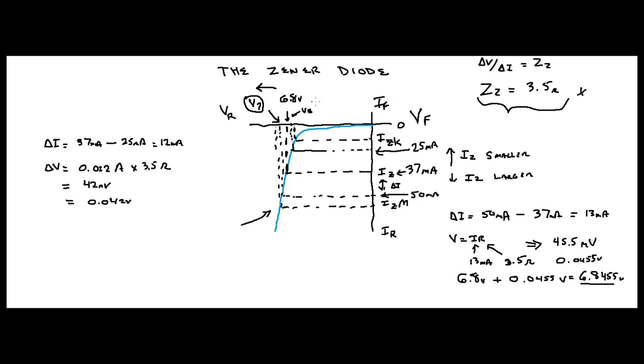Now, how do you apply it? Well, this is on the other side, isn't it? In other words, your voltage is going to decrease in magnitude, isn't it? It's going to be less than your 6.8, isn't it? So your new voltage is going to be 6.8 volts minus 0.042 volts, right?